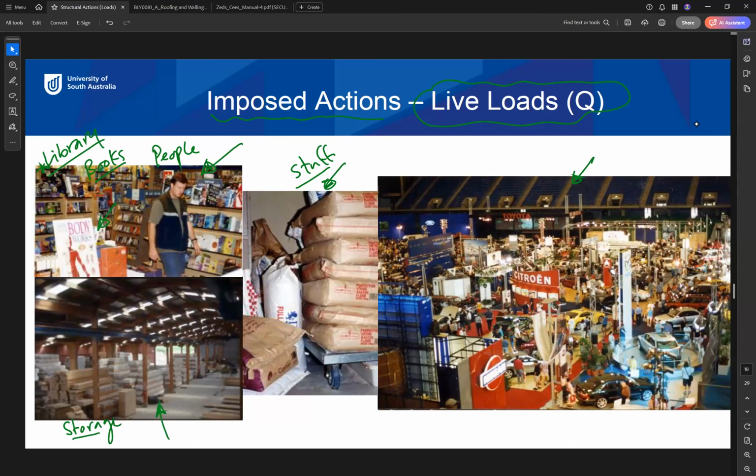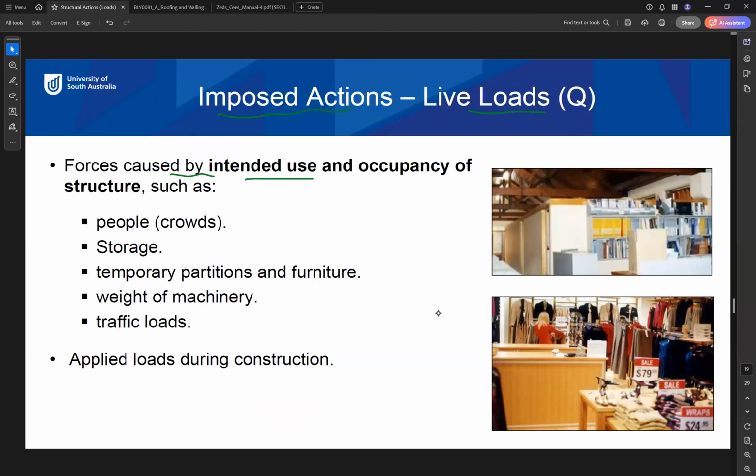These images and the live loads are any forces that are caused by intended use and occupancy of the structure. So the live load is depending on the usage of the building.